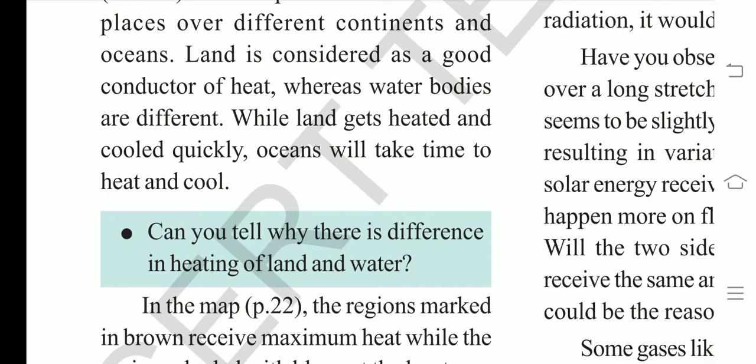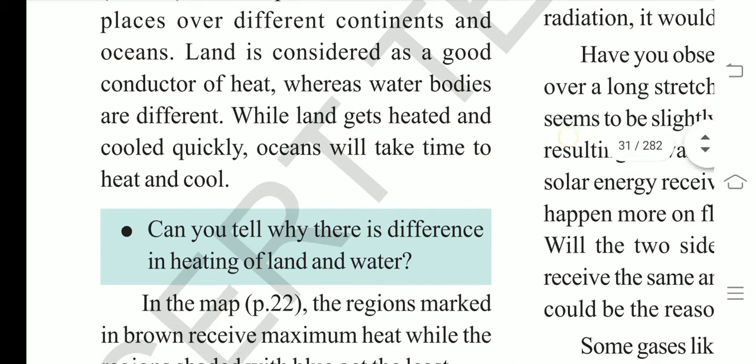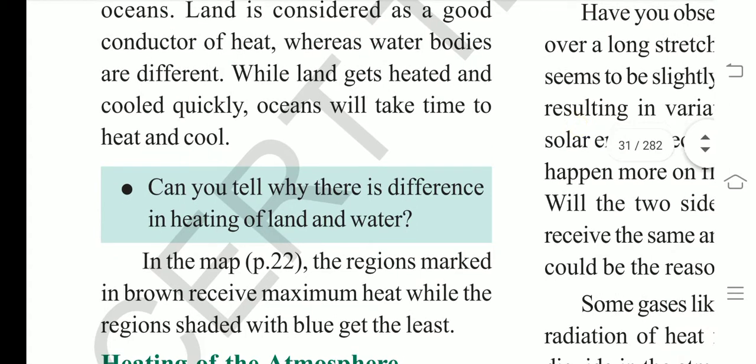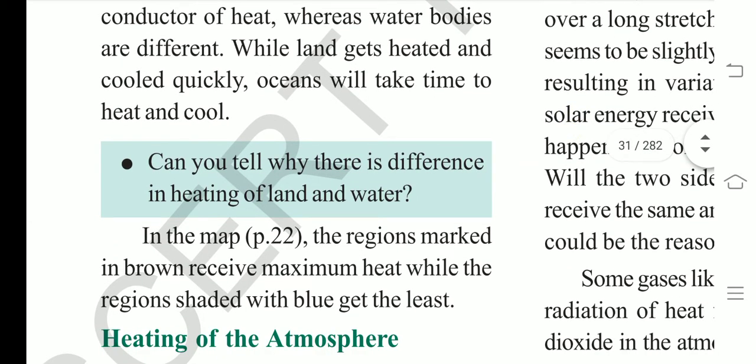The land part on the Earth is very little when compared to the very large water body, so it takes a very long time; it heats slowly and releases heat very slowly, right? Land absorbs heat very fast and releases heat very fast.